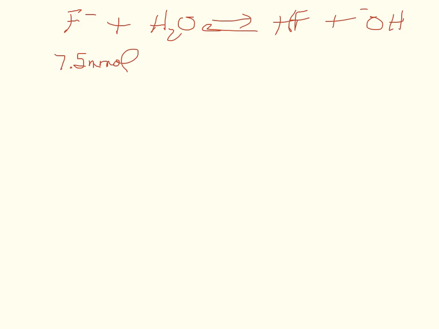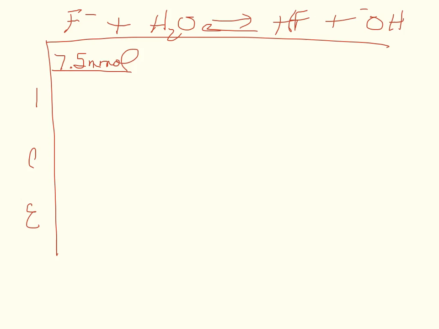And so, since in the ICE table we need concentrations, not moles, what is the total volume that we have from this titration now? Yipes. So you probably have to go back all the way to the beginning, and in that we started with 25 milliliters of hydrofluoric acid, and at this point we had added 25 milliliters of sodium hydroxide titrant.